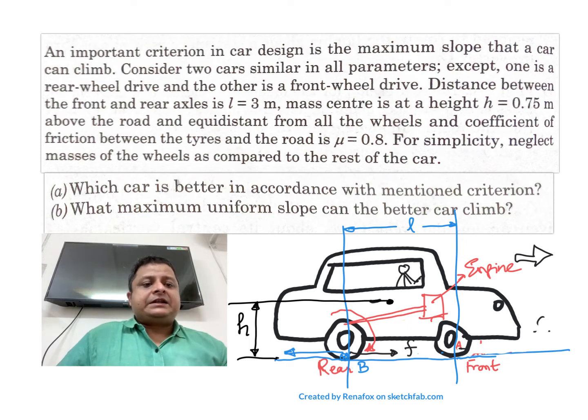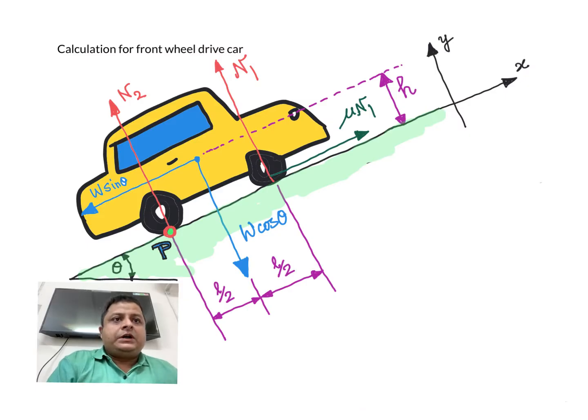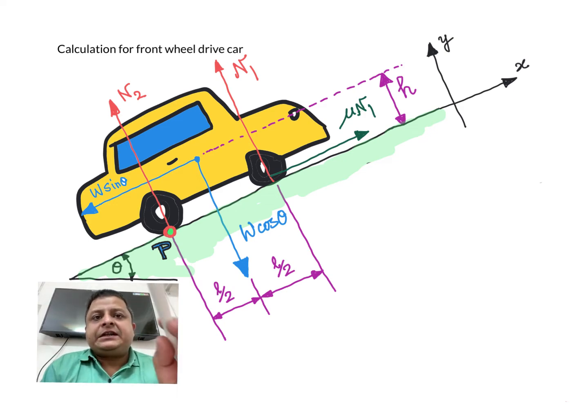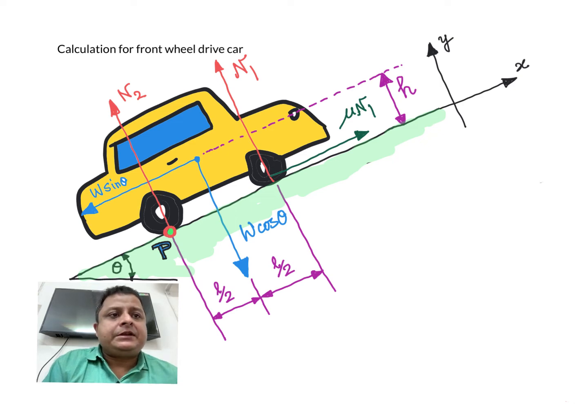So I'll take the first case as that of the front wheel car. That is a diagram of a front wheel drive car. The power of the engine is transmitted to the front wheel as I have discussed here.